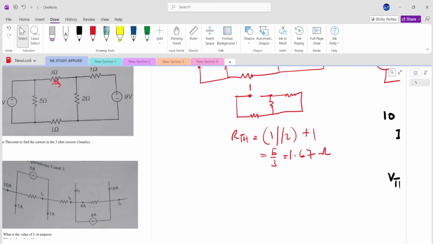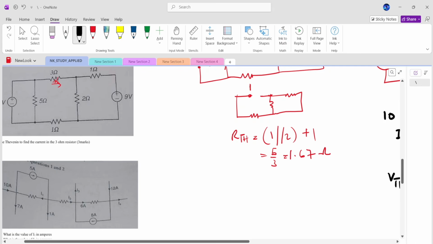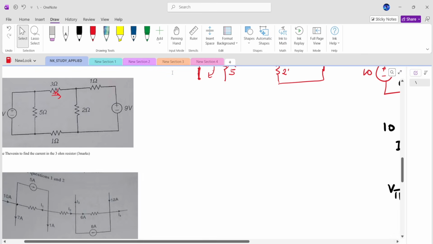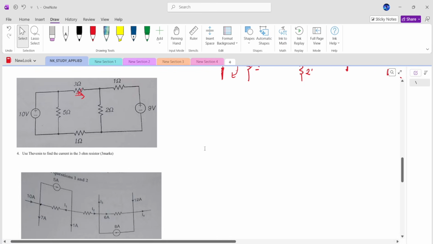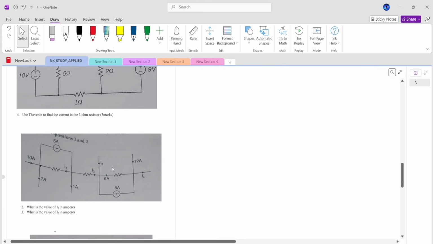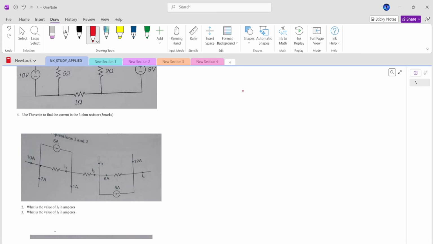All right. Now let's see this one, this question. I'll go back to my red. Okay, this question is very simple. You have to find the values of I1, I2, I3. But we take the opportunity to find all of them, right? It's not difficult. If you remember KCL, right?